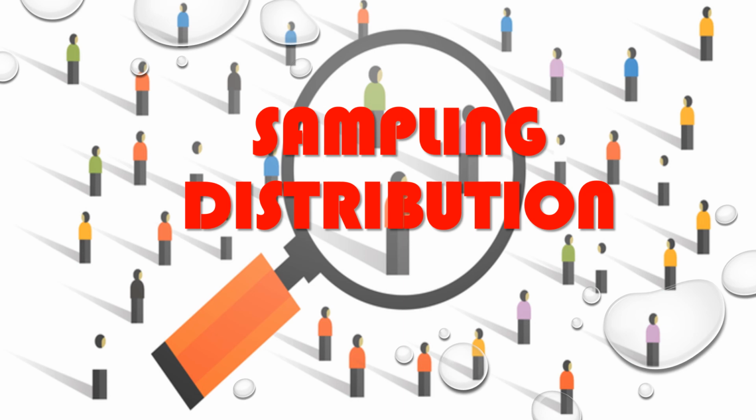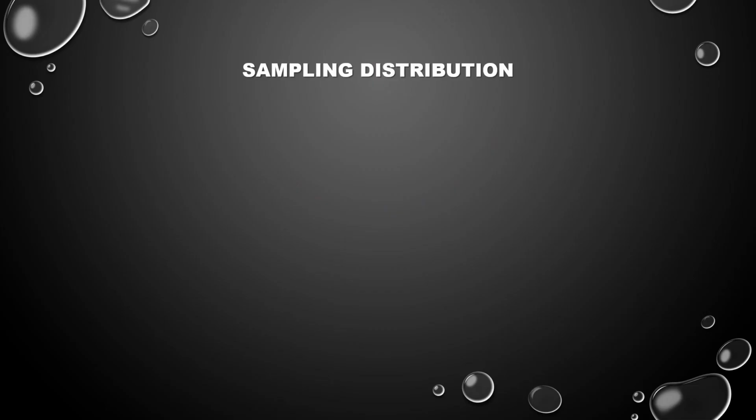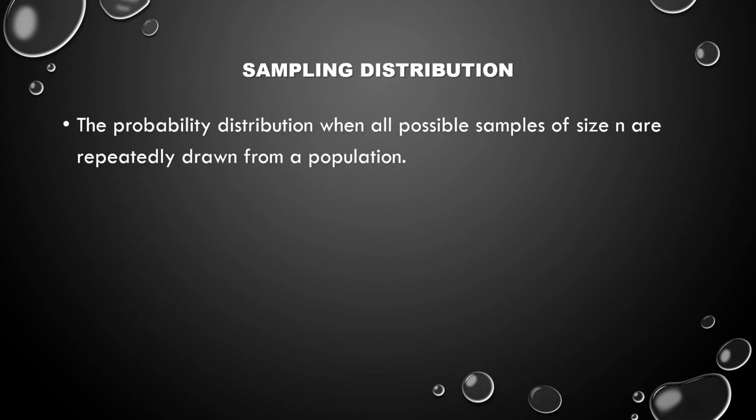When you say sampling distribution, everyone, this is the probability distribution when all possible samples of size n are repeatedly drawn from a population. As we all know, we have a lot of distributions tackled here in statistics.